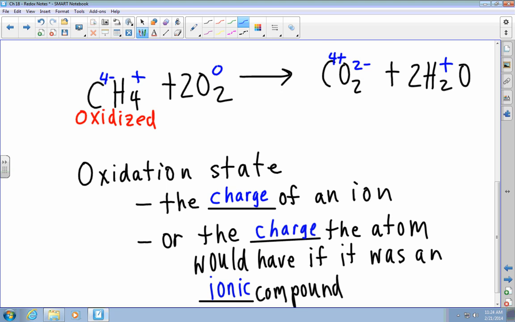But over on the right side, in the carbon dioxide, it has a charge of 2 negative. So consequently, oxygen's charge is going down. It's reduced. So the oxygen is being reduced. And if oxygen is being reduced, it's the what agent? It is the oxidizing agent.